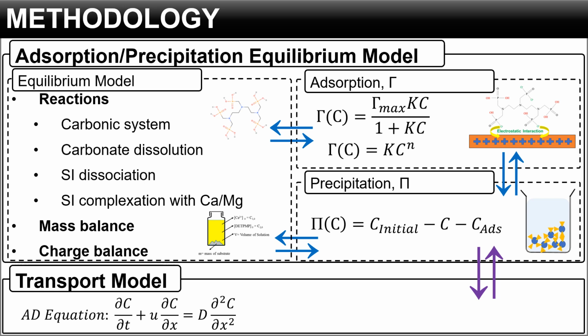For modeling this system, we first need to consider an equilibrium model without any adsorption and precipitation. For this equilibrium model, we need to consider all the reactions occurring in the system between the engaging species. These reactions are all the carbonic system reactions, carbonate dissolution reactions, scale inhibitor dissociation, and scale inhibitor complexation reactions with calcium and magnesium.